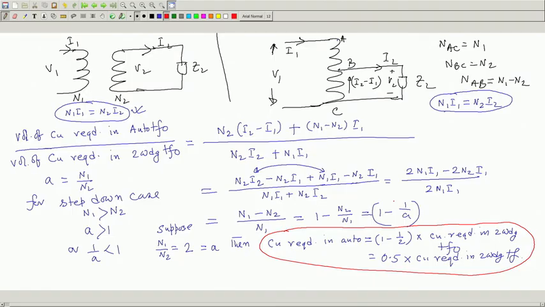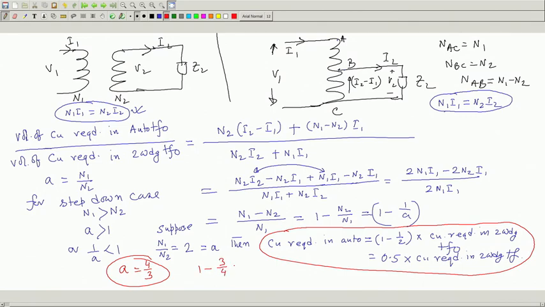For example, suppose I say that A is equal to 4 by 3. Then what will be the savings of copper? 1 minus 1 by A, 3 by 4.